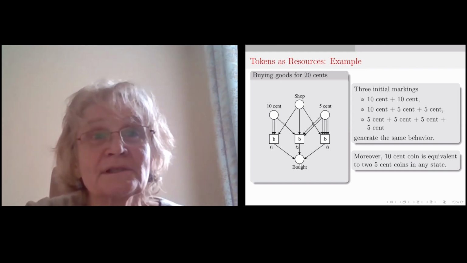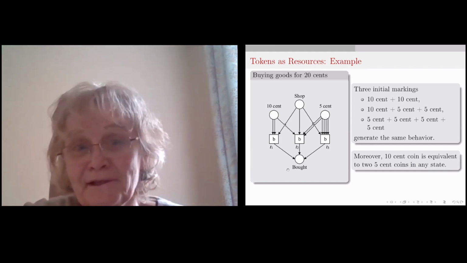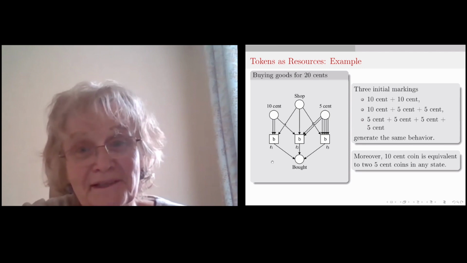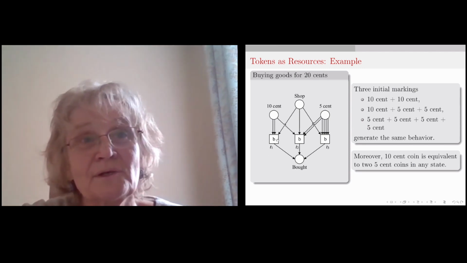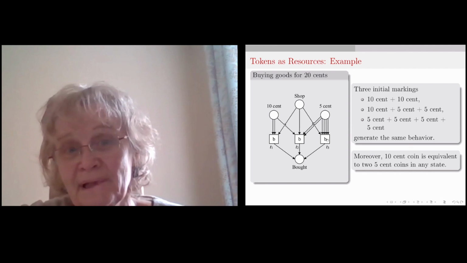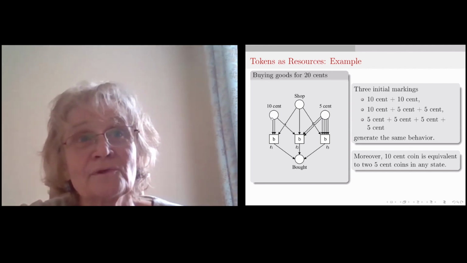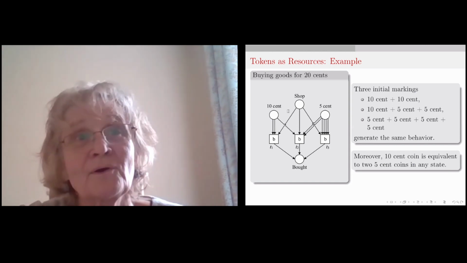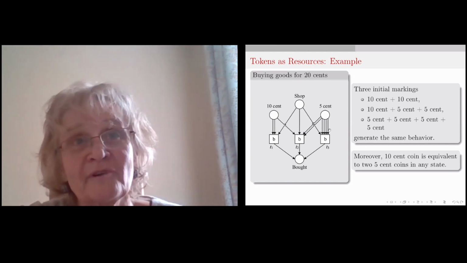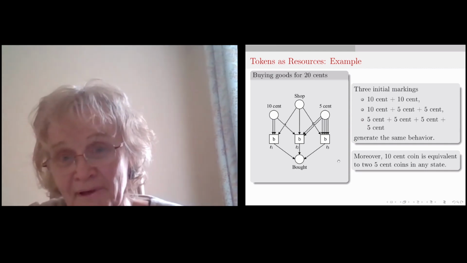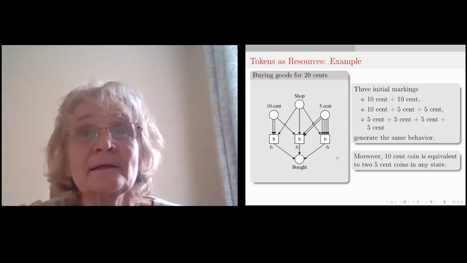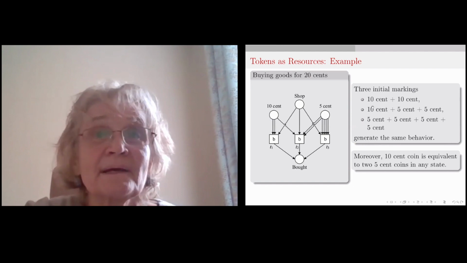And this candy costs 20 cents. You see, these are the same labels because it means buying this candy. We can do it for two 10-cent coins or for four 5-cent coins or one 10 and two 5. All variants are possible.